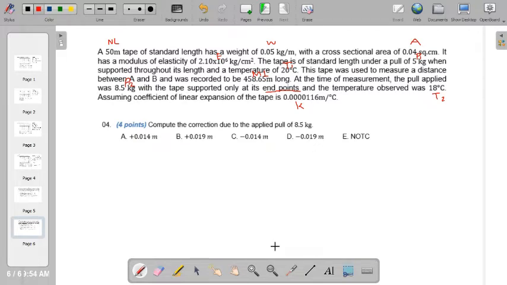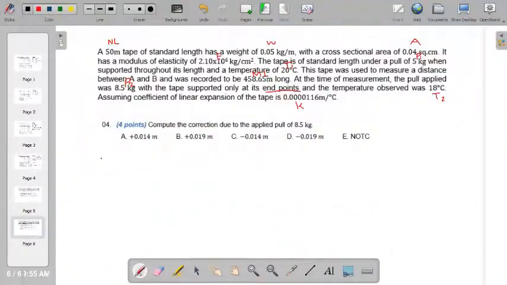As I have mentioned before when I was discussing this, you can actually consider the whole length, the measured length, or you can also consider each nominal length. Now if you're going to consider the nominal length, you have to compute this way. So I'm in solution one, method one.